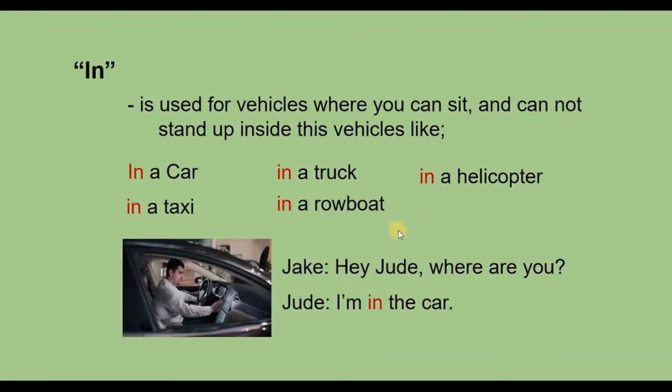As you can see, guys, you cannot stand in these vehicles, right? Especially when they are in motion. So the vehicles that you can sit inside, you will end up using the preposition in.